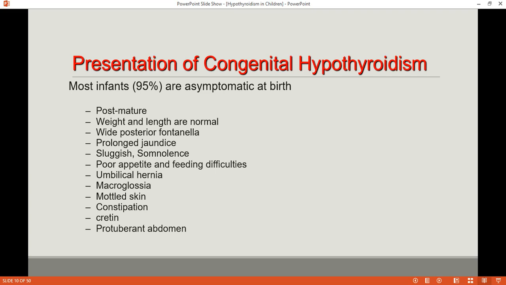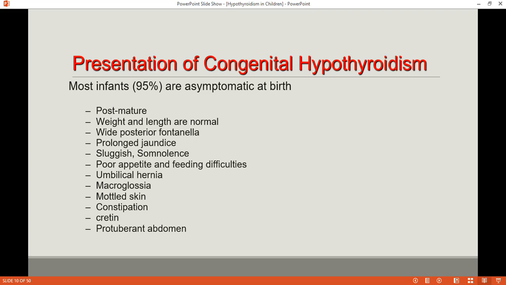Prolonged jaundice. As you know, physiological jaundice is common in newborns, but if it is prolonged beyond a certain period like 10 to 15 days, then we must think of congenital hypothyroidism, because it can cause prolonged jaundice. Then sluggishness and somnolence. Newborns are lethargic, not active, and sleep all the time.